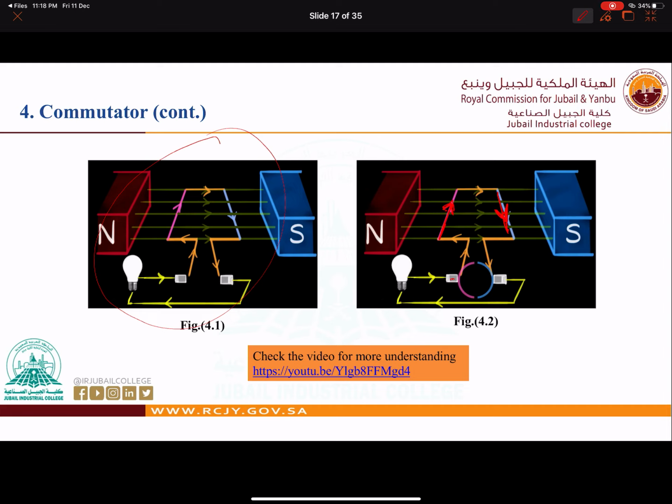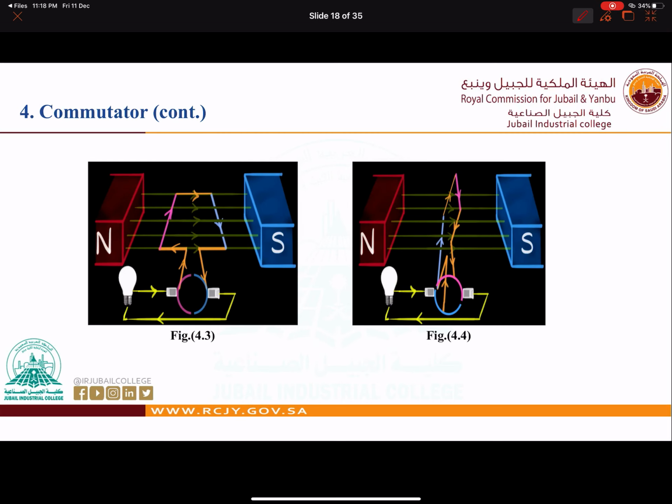Please check the video for more understanding. Now, this is our split ring, which is the commutator. As you can see here, the pink is in this direction, up, and the yellow is down.